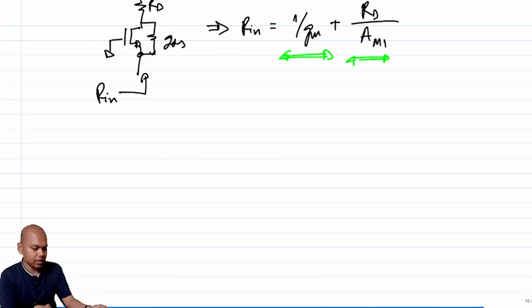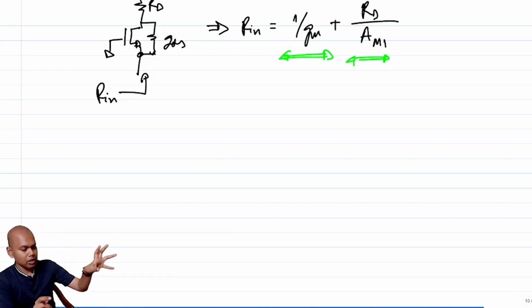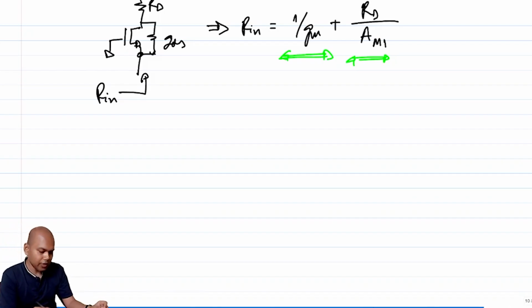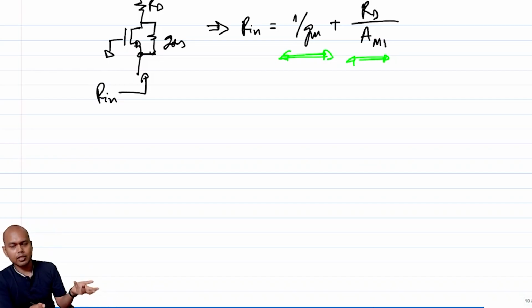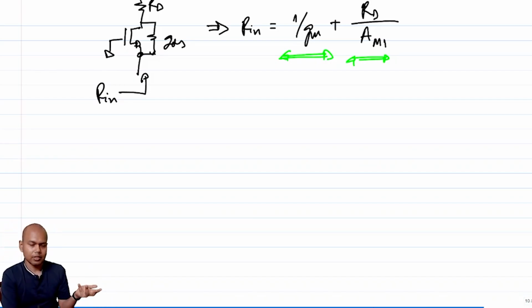The additional term is whatever load is connected on the drain divided by the intrinsic gain of the transistor, right? So if I neglect GDS, then the intrinsic gain of the transistor is infinite, right? If GDS is 0 or RDS is infinite, the intrinsic gain of the transistor is infinite, then the effect of RD doesn't matter, right?